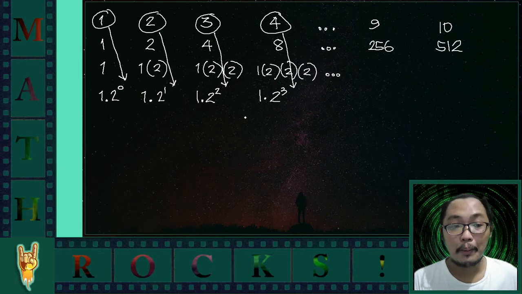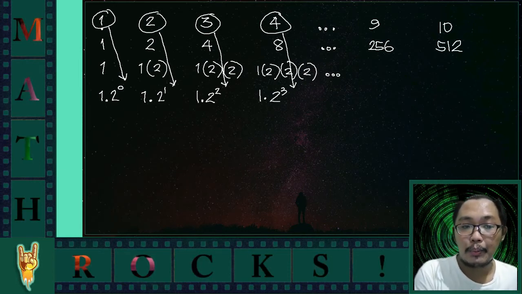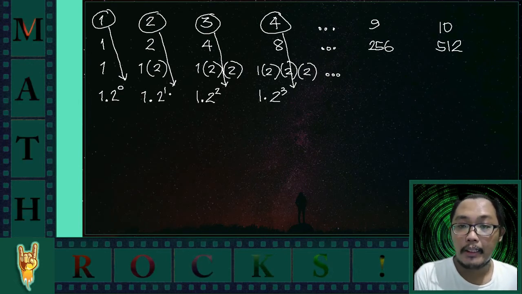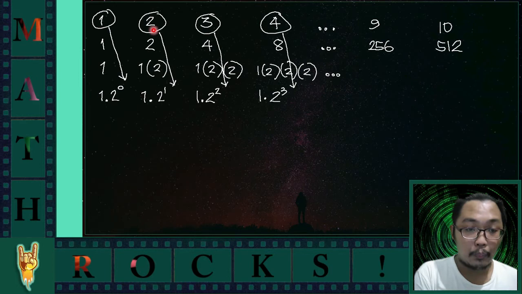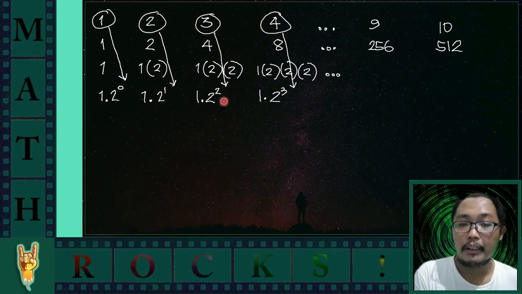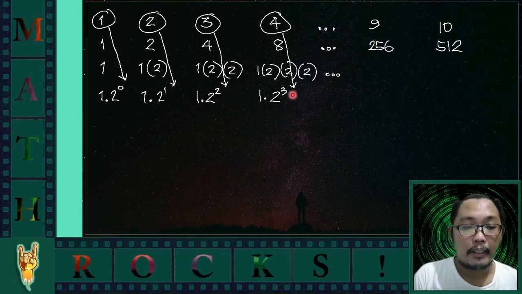You might have already noticed that we can easily come up with this number by reducing the 1 by 1. And we can easily come up with this number by reducing the 2 by 1. Same goes for the rest. So 3 minus 1 is 2. 4 minus 1 is equal to 3.